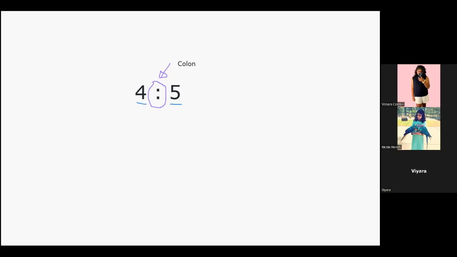And if I write another ratio, which will be 6 to 7 to 8, in this ratio you can see three terms. Can you see one term? No, you cannot see one term.